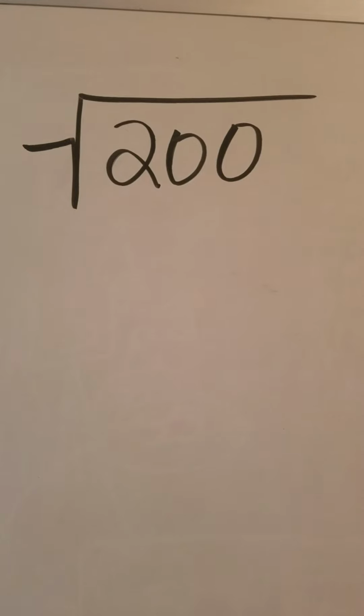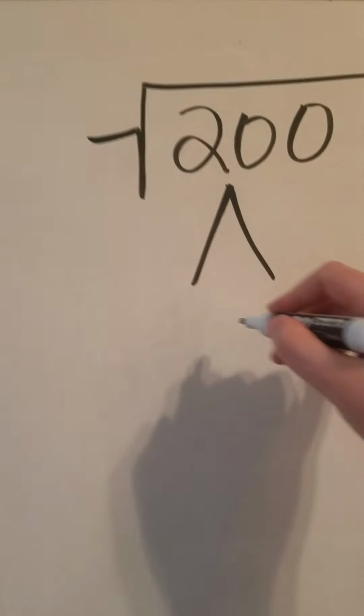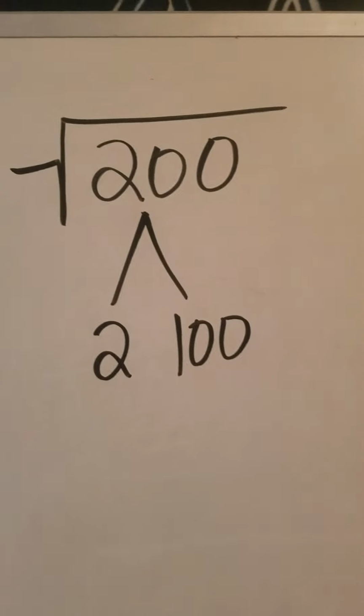Alright, so again, put in my calculator, I see square root of 200 gives me a decimal, not what I want. So let's go ahead and start figuring out what multiplies to give me 200. Well, 2 times 100, that worked.